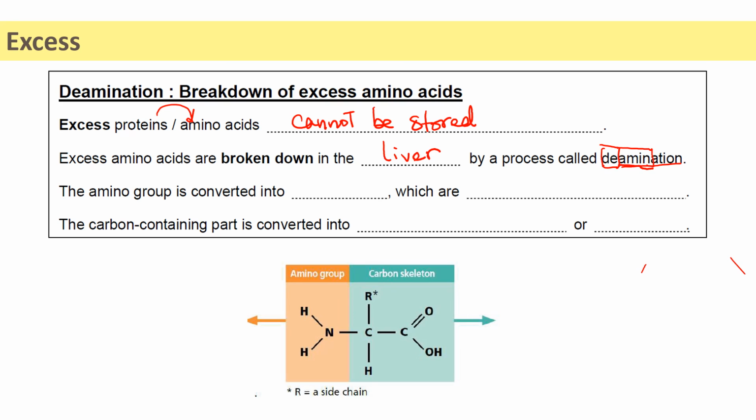The word amine comes from the word amino. The process is called deamination because our goal is to remove this amino group, cut it away, while keeping this part that is rich in carbon, hydrogen, and oxygen. We call this the carbon-containing part.